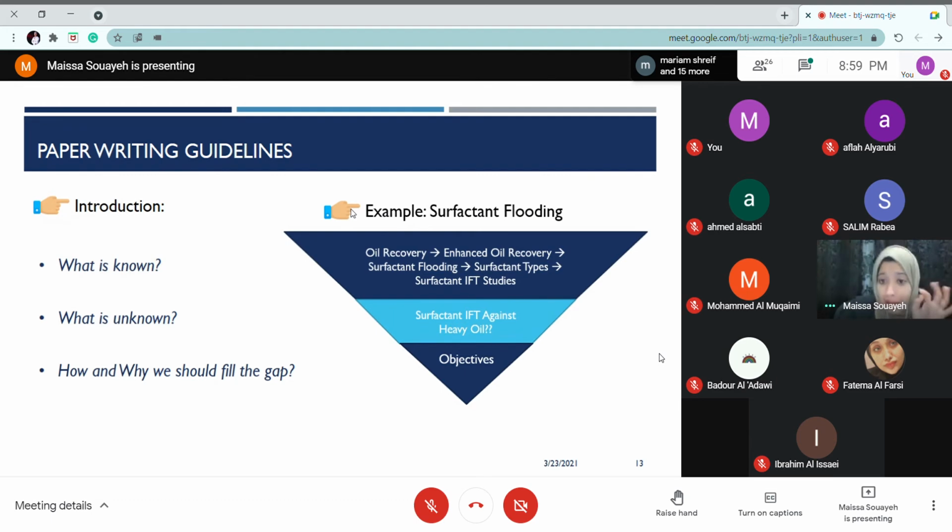Okay, so as I told you, usually the introduction is the hardest part because it needs lots of editing, writing, rewriting, and even the sequence of information, because you need the information to flow without feeling that there is a gap in the middle. Building a case is like telling a story.